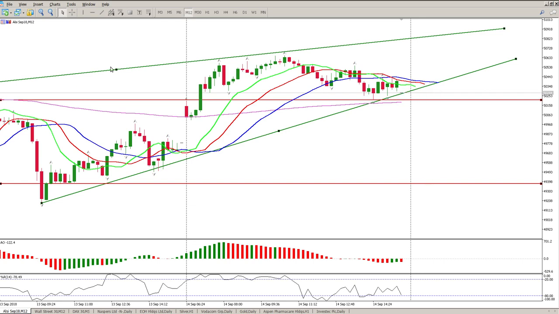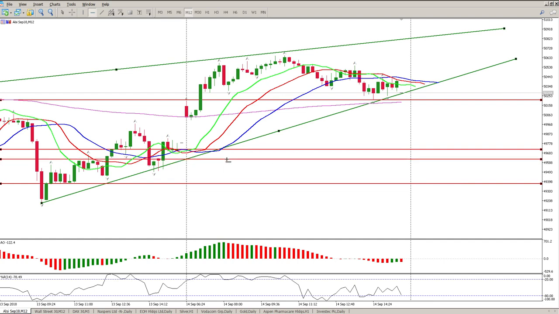Obviously the first one is going to be the gap close. Then we have that level, and then we have that level. Okay, so first target for me would be 49,720, then 49,620, then 49,500, and then 49,378. But I think 49,500 is a nice round number.